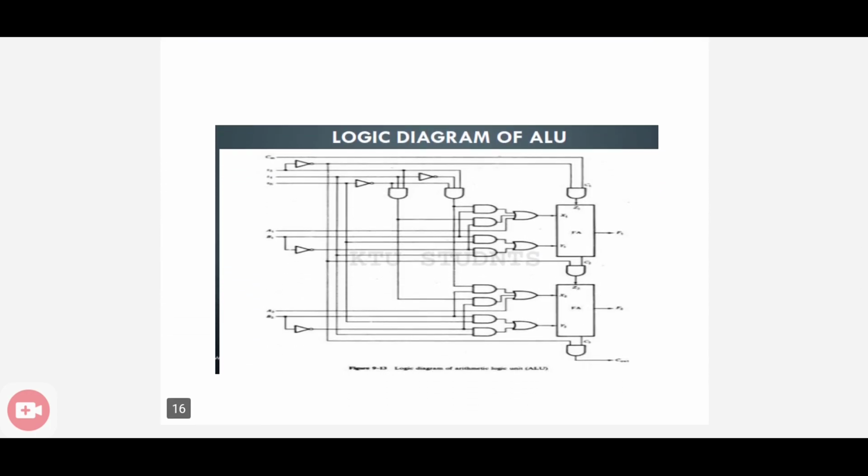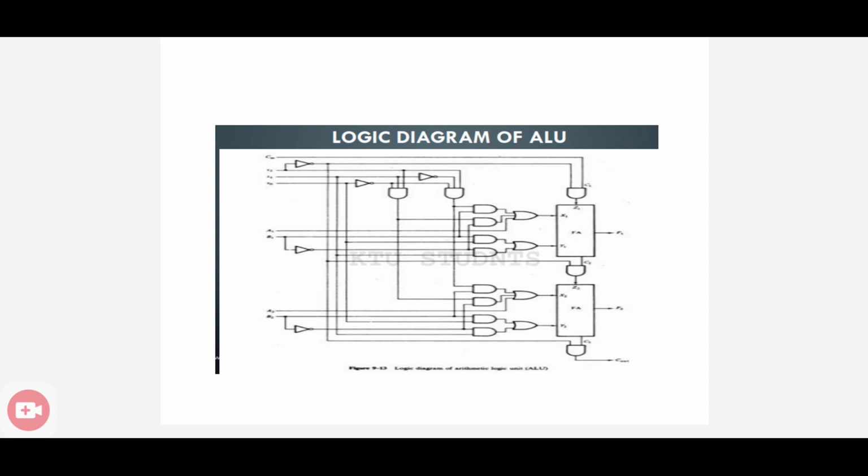And this is the logic diagram of the ALU. Here there is an arithmetic part as well as a logic part, so we can implement both arithmetic operations as well as logical operations. Inputs are AI and BI. 2 full adders are there, and also 2 selection variables, S0 and S1.